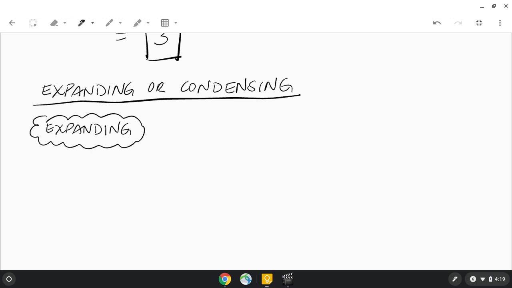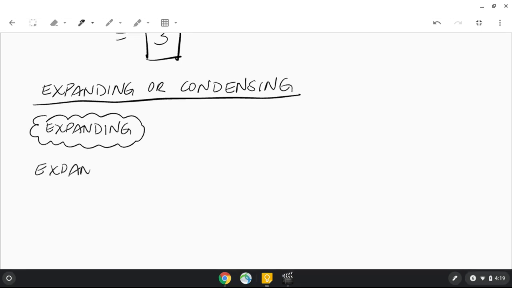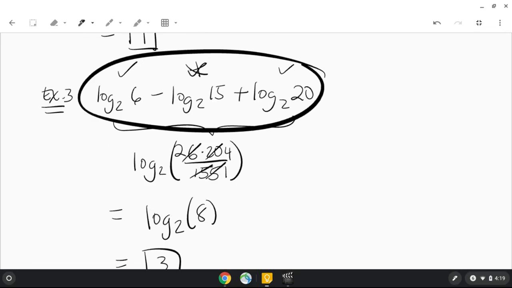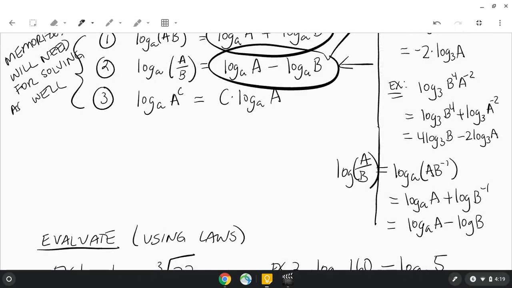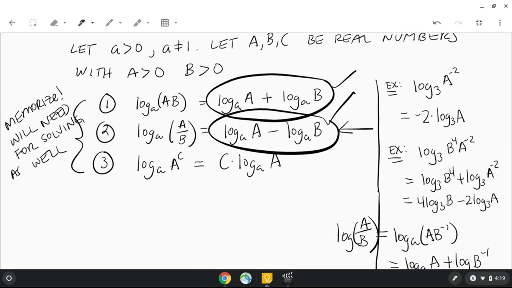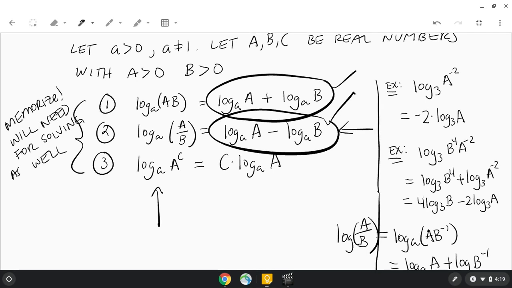All right, so let's go ahead and expand the following. Now, if we take a look at our laws, let's go back to the top here. The left-hand side, these three on this side, those are all condensed.